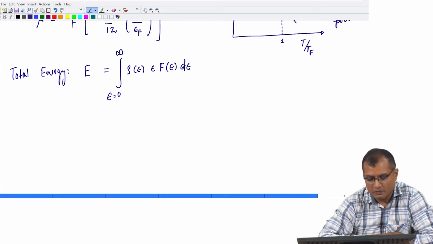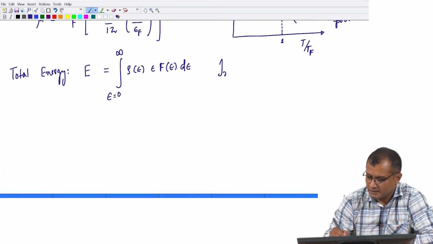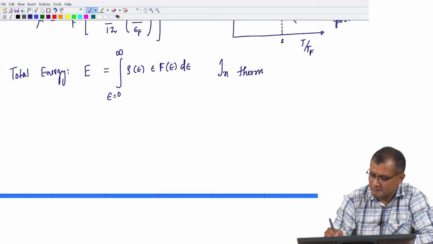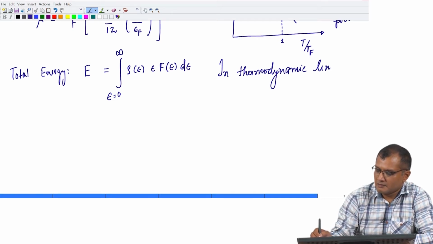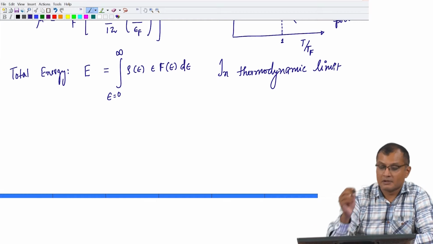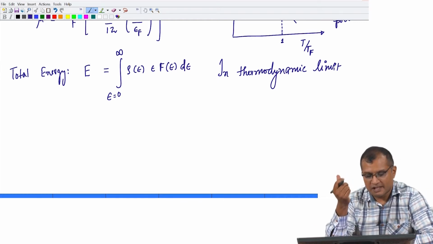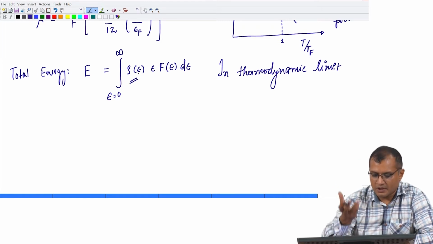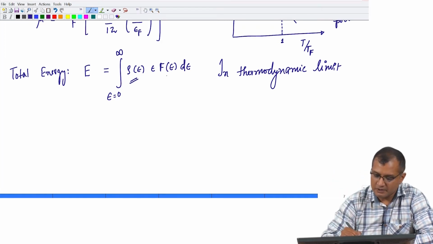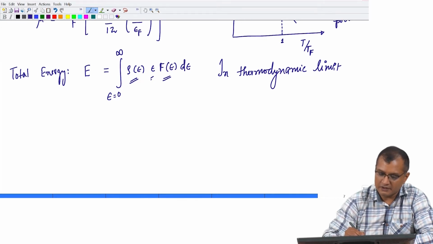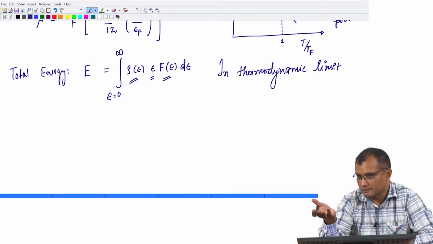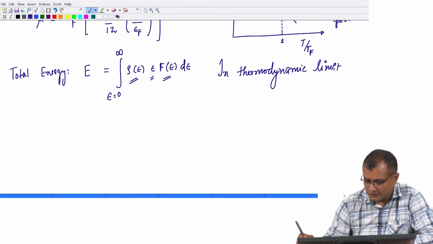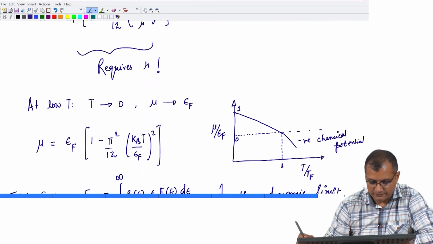This is what we know in the continuum limit, in the thermodynamic limit. That we already know. Our sum has become an integral, the density of states is rho E, and this is our Fermi function, and that is the value of energy. So, the total energy is nothing but this integral. Now, we already know an integral of this sort.